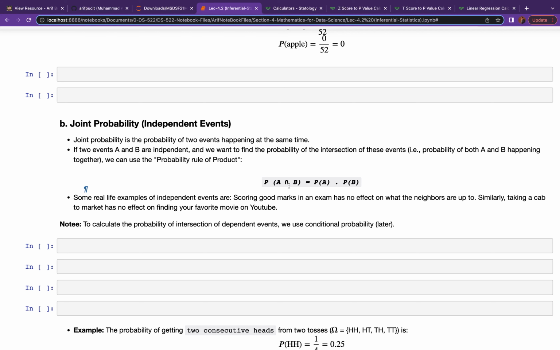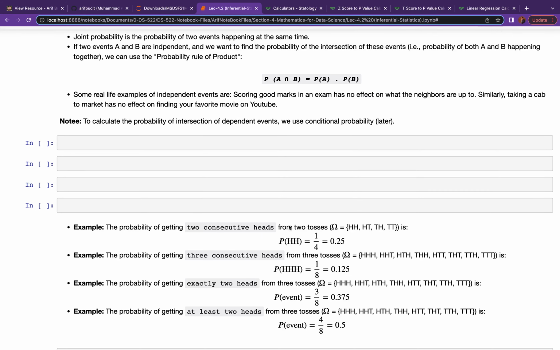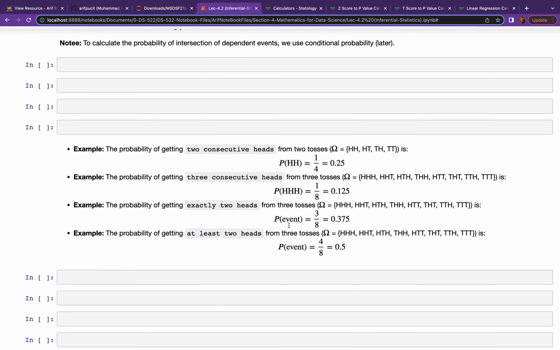My dear students, there are some examples over here in which I have calculated the probability of getting two consecutive heads from two tosses, three consecutive heads from three tosses, exactly two heads from three tosses, and at least two heads from three tosses. Please go through these examples. I have prepared the total sample space for each event as well. I think you will be able to understand this.